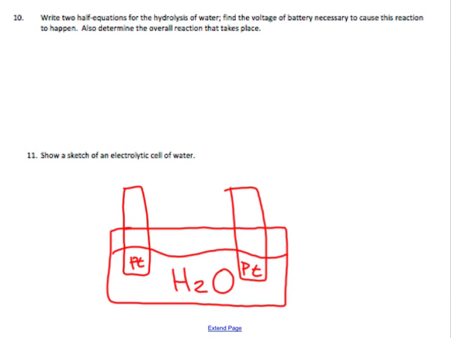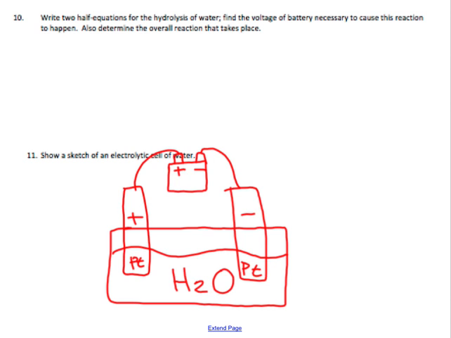They're just hanging out as surfaces. And we're going to attach these electrodes to a power supply of some sort. In this case, I'm just going to attach the electrodes to an actual battery. The sign on the battery translates to the sign of the electrode.